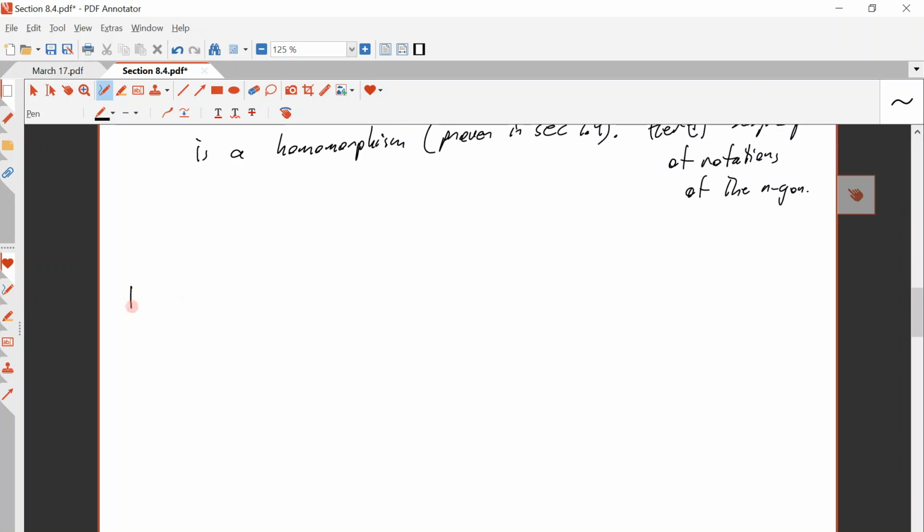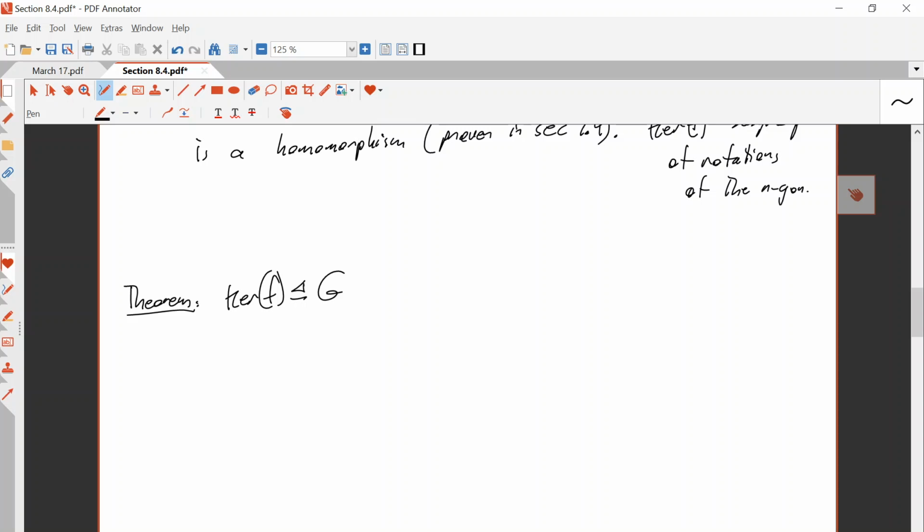Theorem. The kernel of f for any homomorphism is a normal subgroup of G. The kernel of f is always a normal subgroup of G. This is actually a homework problem, I believe, in section 8.2, but it's presented as a theorem here.